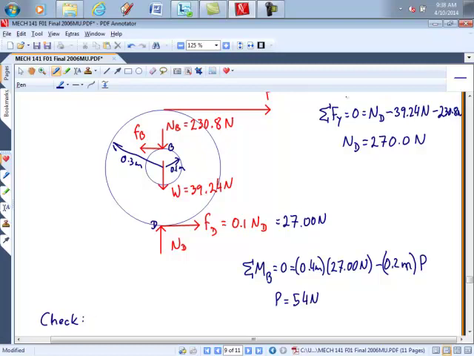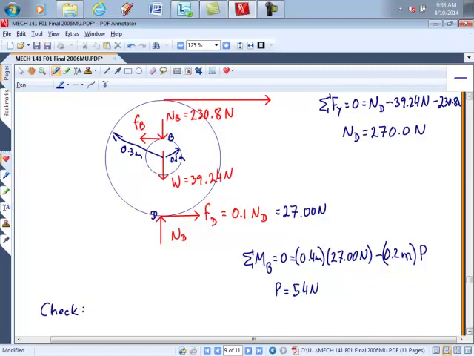Based on our assumption, we can now figure out what this friction force is. And if this friction force is less than the coefficient times NB, then we guessed correct. If this friction force is greater, then I'm going to have to recalculate assuming impending motion at B instead of D.